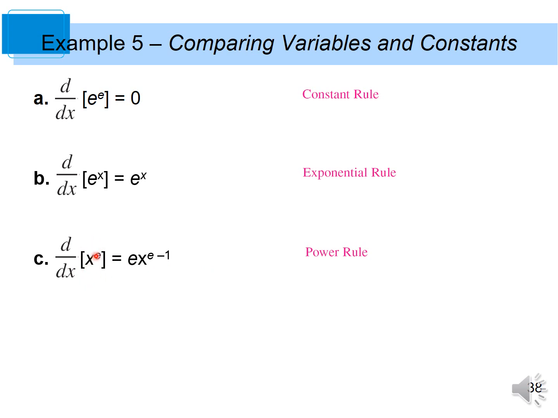X cubed, x squared, x to the exponent 2.7, x to the 4 is a polynomial. So we use the power rule. For the power rule, n is the power, n moves in front, times x to the n minus 1.